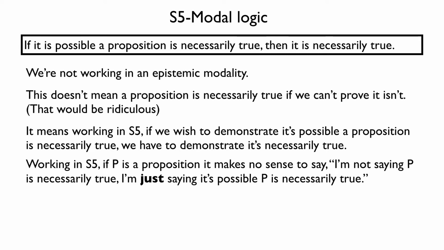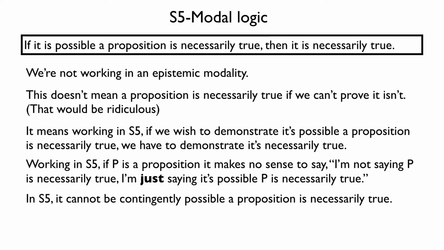Working in S5, if P is a proposition, it makes no sense to say, I'm not saying P is necessarily true, I'm just saying it's possible P is necessarily true. There's no such thing as just saying it's possible P is necessarily true. If we say it's possible P is necessarily true, we are saying P is necessarily true.